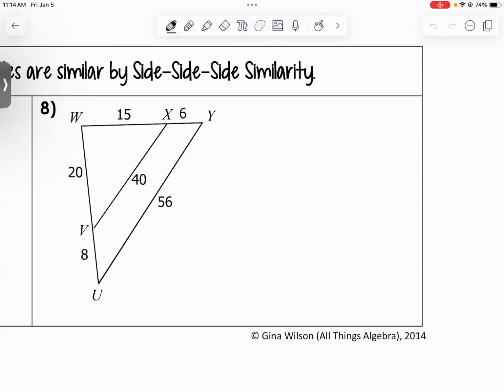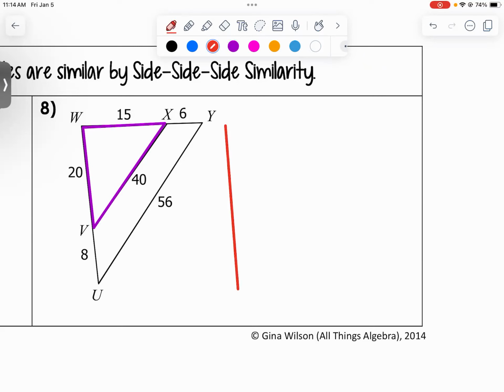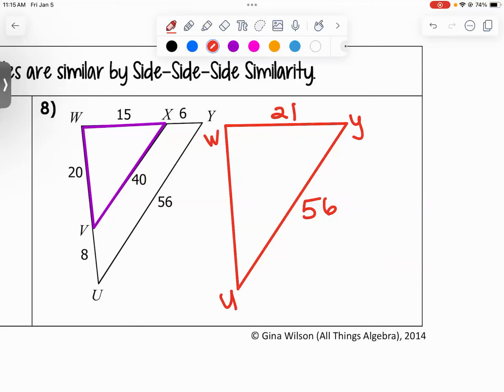So I'm going to highlight WVX, and then I am going to redraw WUY. We know that this side is 56. How long is technically WY? This is technically 21.